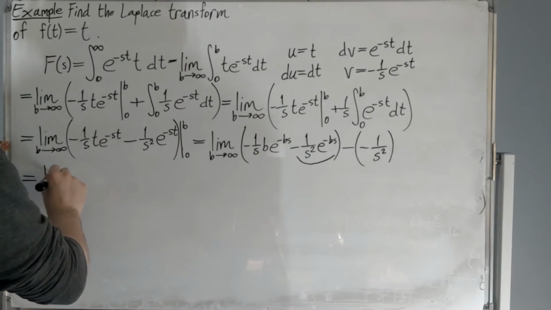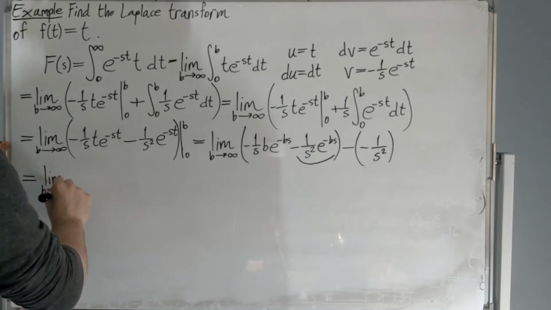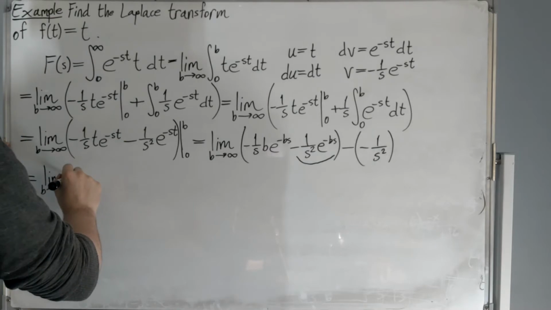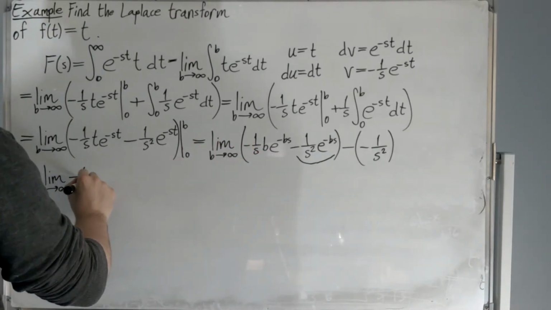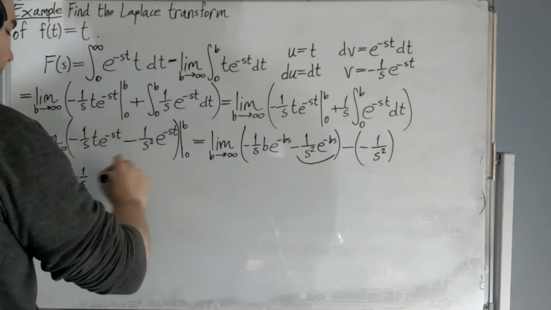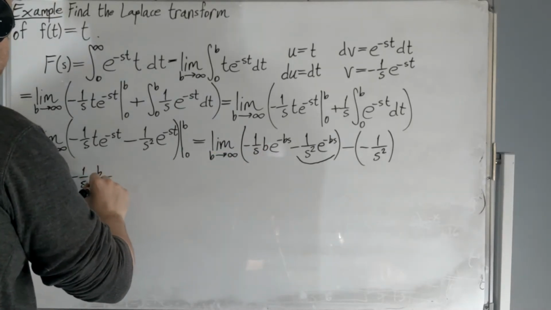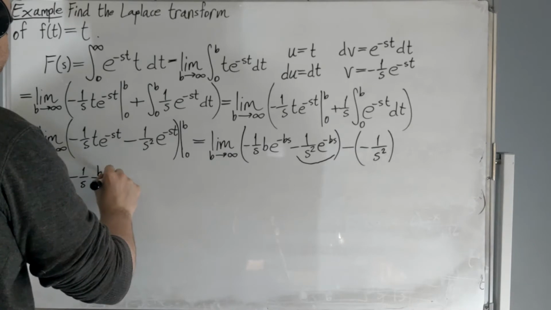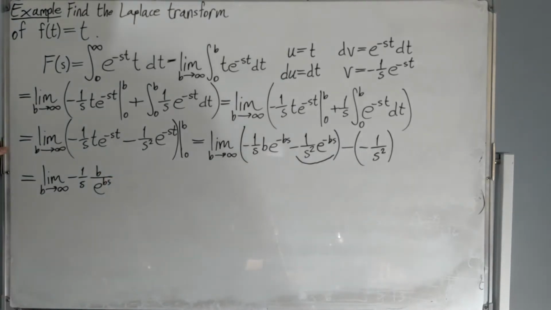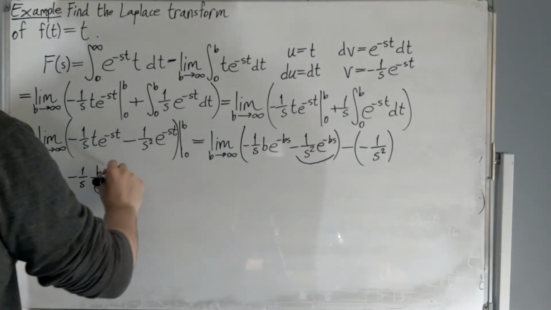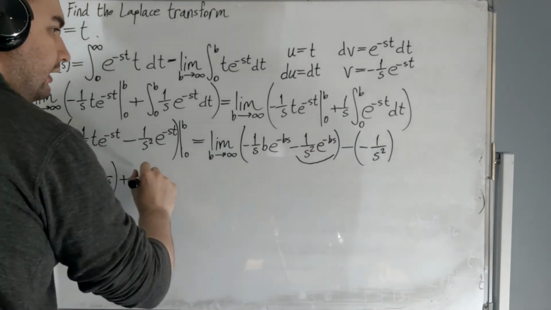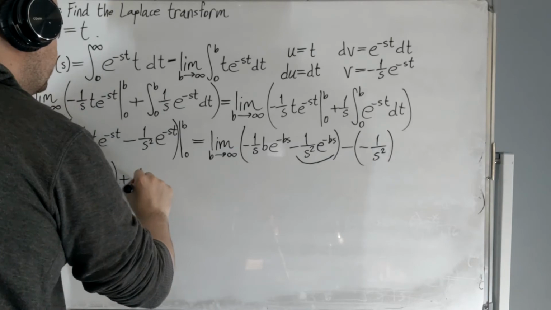We have the limit as b approaches infinity of negative 1 over s b over e to the bs. And then we still have this plus 1 over s squared.